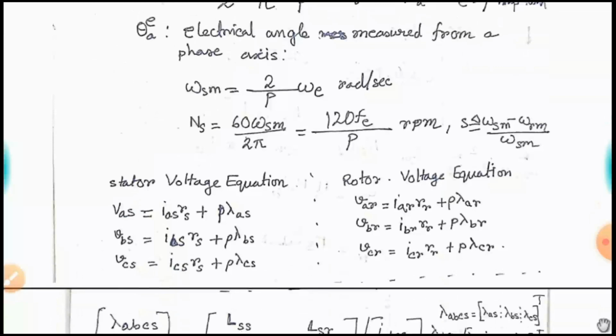Now we define slip in our conventional way. The rest of the things are known to you, and similar to our synchronous machine case, here we will also define the stator voltage equation.